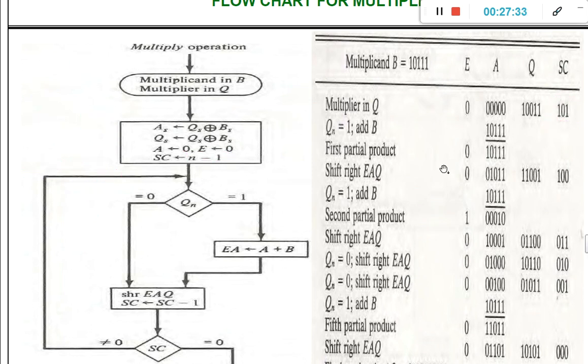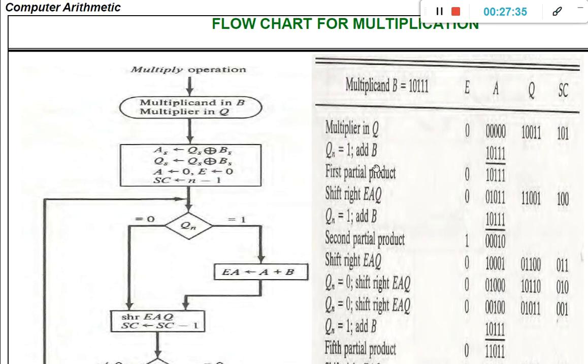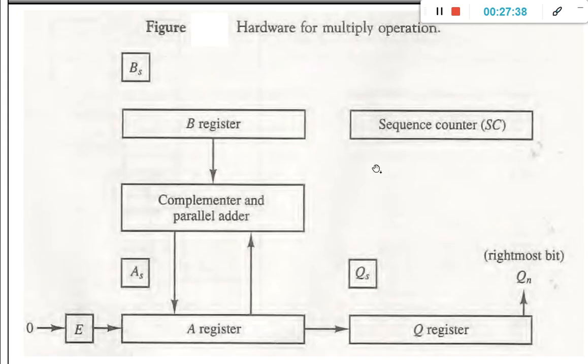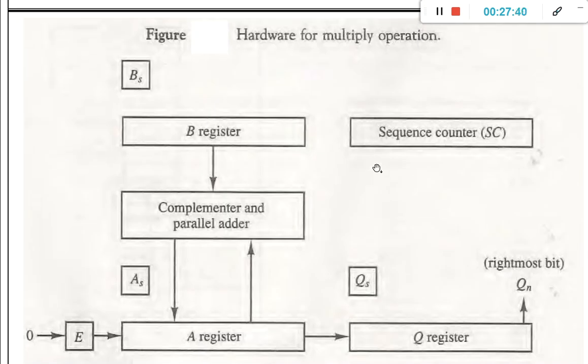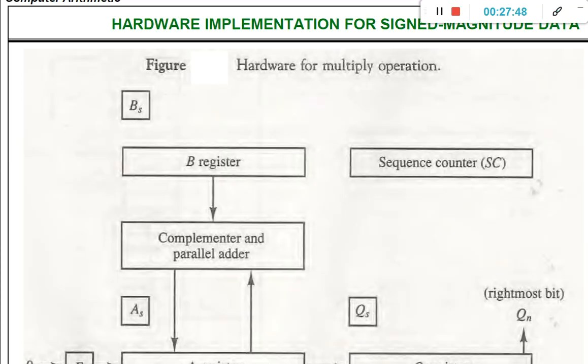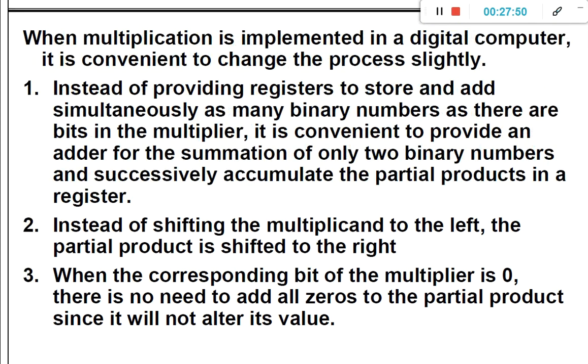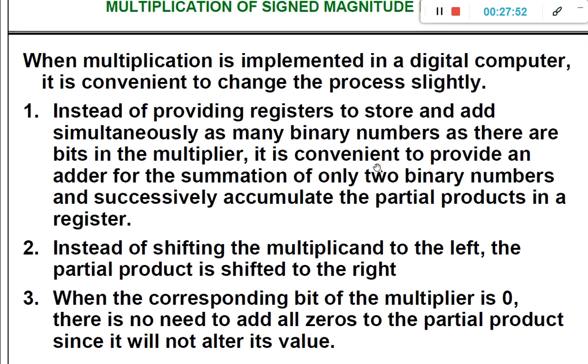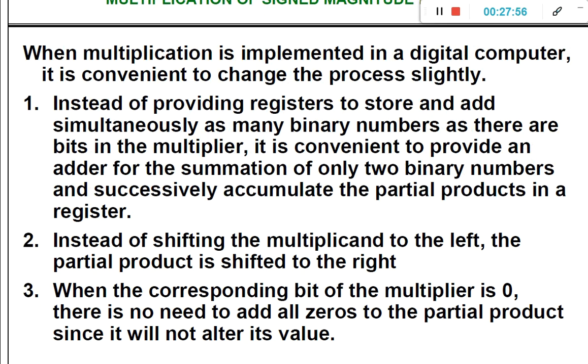So coming to the registers, we need these registers for performing the multiplication of signed magnitude numbers. Now once again see the procedure. What is the procedure we need to follow for multiplying two signed magnitude represented numbers? If you see, you will understand in a better way.